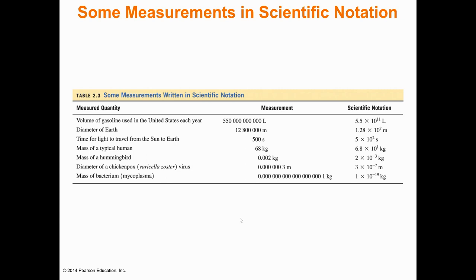The time it would take for light to travel from the sun to the earth is 500 seconds. So that one's not so bad. I'm looking at these two values for the mass of a typical human in kilograms. Those aren't so bad. Do I need scientific notation? Maybe not. But certainly for these other numbers that are so giant or so tiny, scientific notation's really helpful.